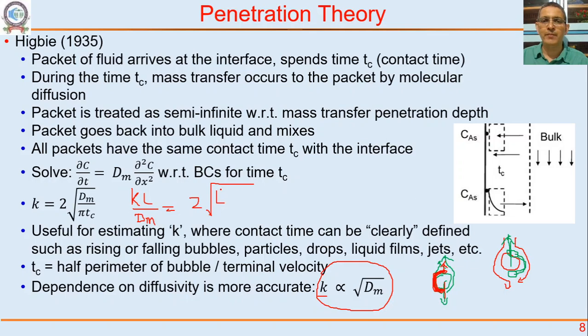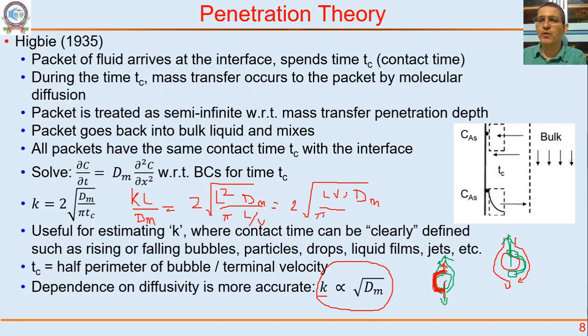L square dm by Tc. Tc we can write as L divided by V, some length scale divided by some velocity scale. So this L will cancel out. Forget that pi just now. This will become L V by dm.